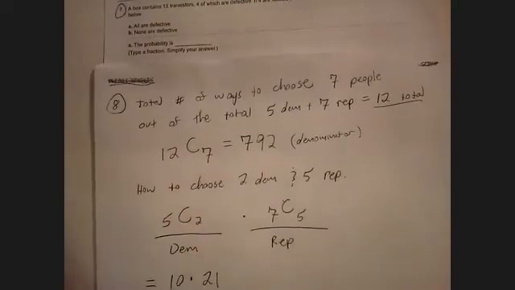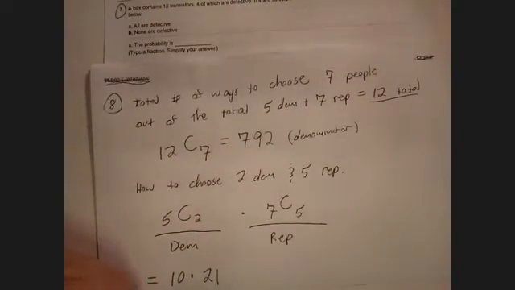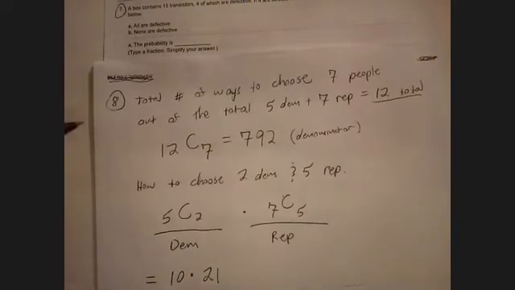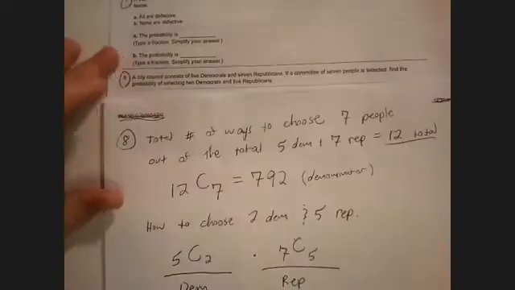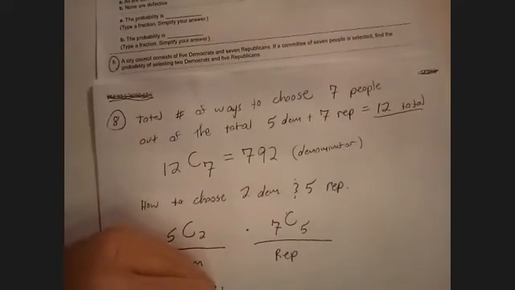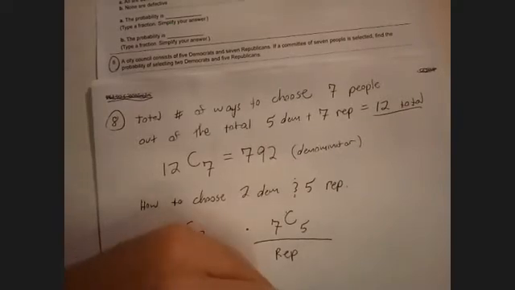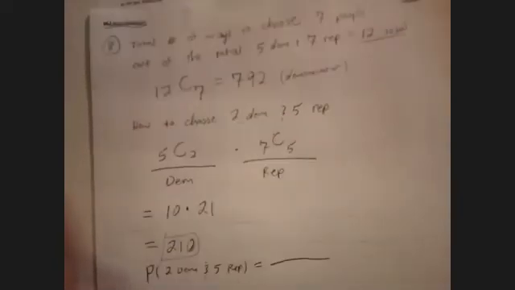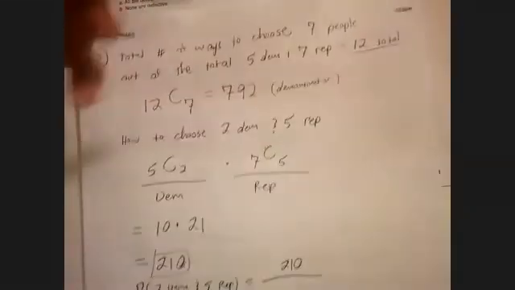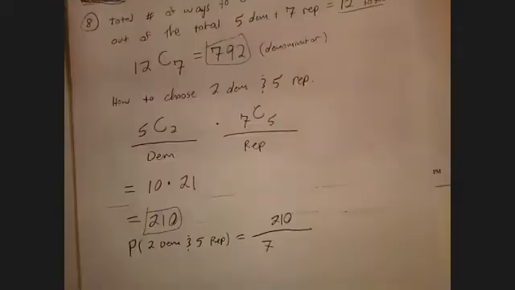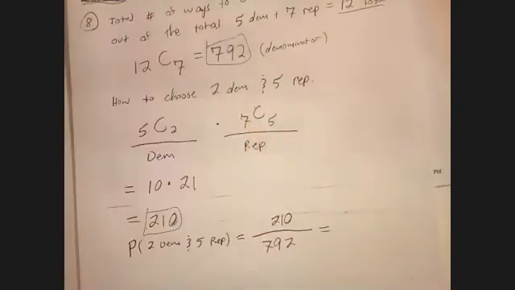So the probability that we're looking for, the probability of 2 Democrats and 5 Republicans, is equal to this number on top, 210, divided by this number here, which I said earlier was our denominator, the total number of ways to choose.